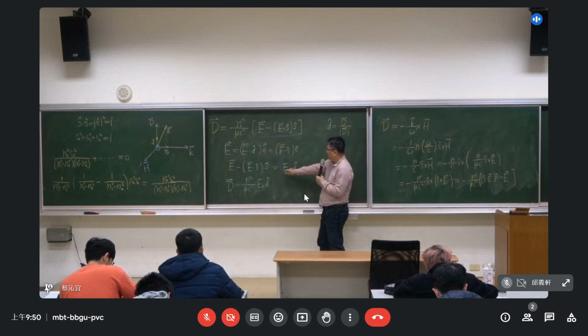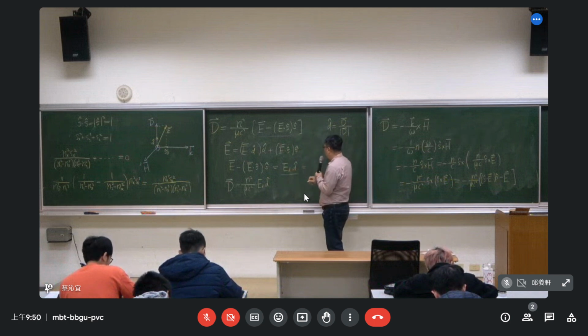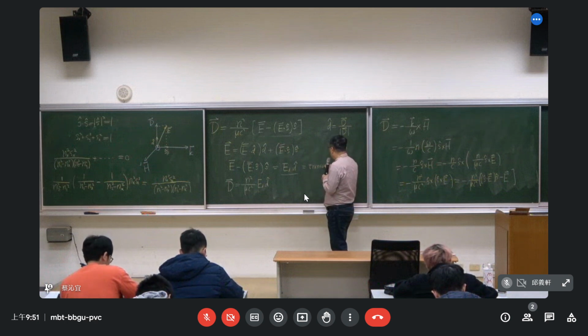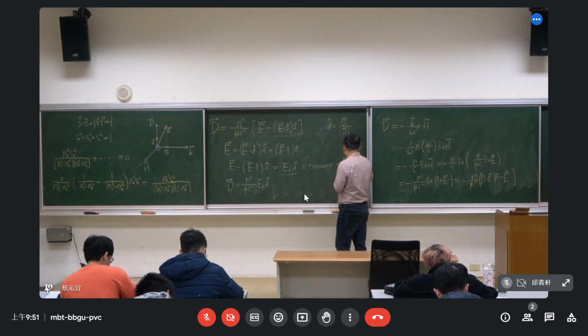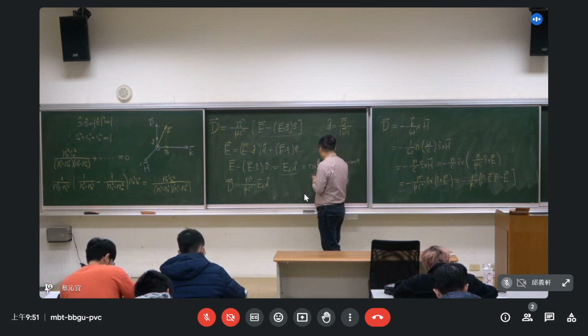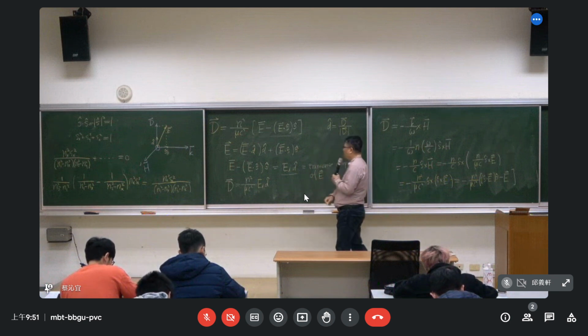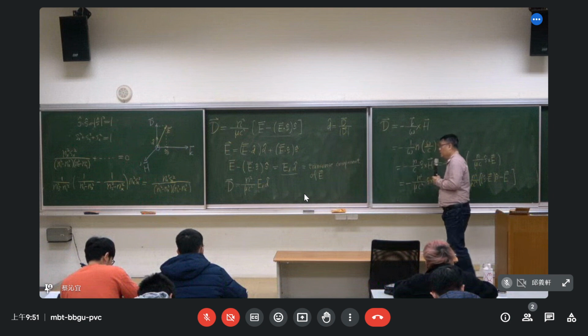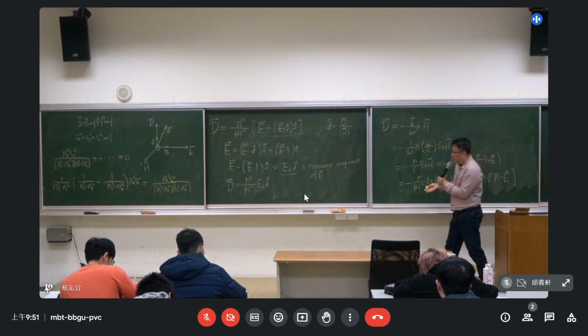This part can be defined as the transverse component of the E vector.